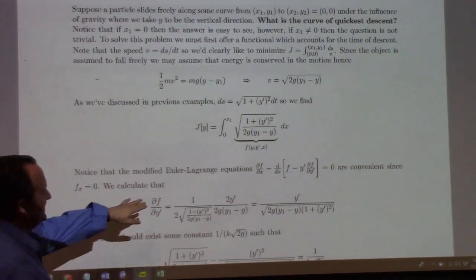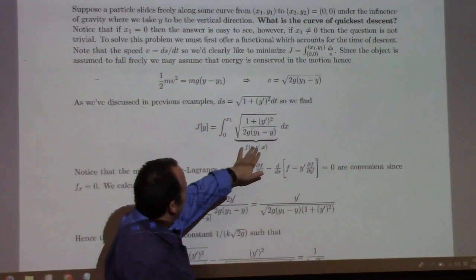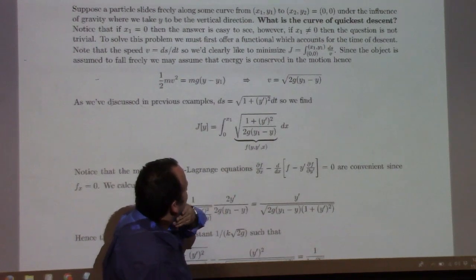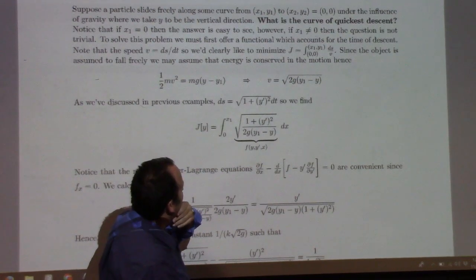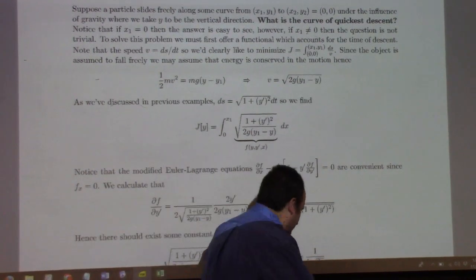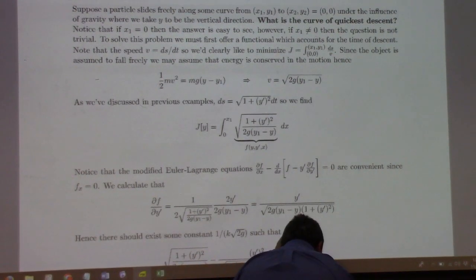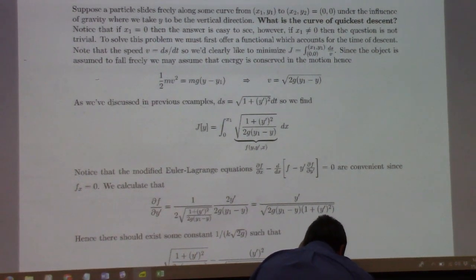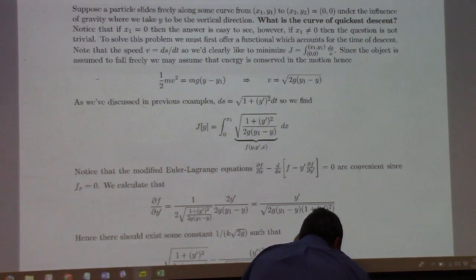Anyway, this is time. This integral represents time, because v is what? What's v? It's ds/dt, right? So dt is ds over v, right?